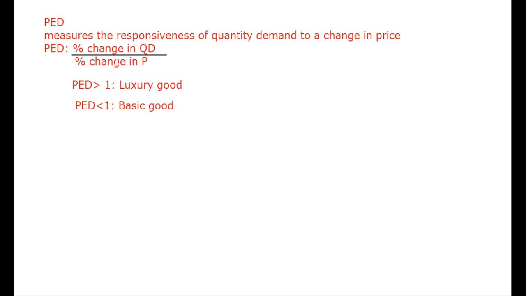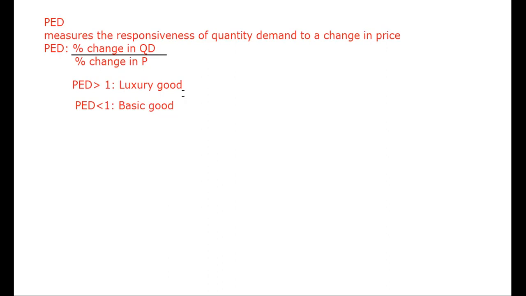We mean that any percentage change in price will cause quantity demanded to have a larger effect. A small change in price will have a larger effect on quantity demanded, and this good is a luxury good. If the price of a luxury good increases by 10%, it can cause its quantity demanded to decrease by 40%.